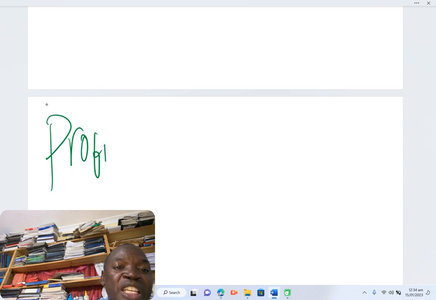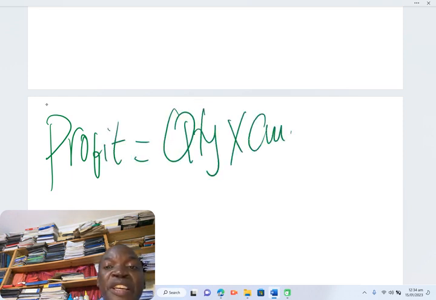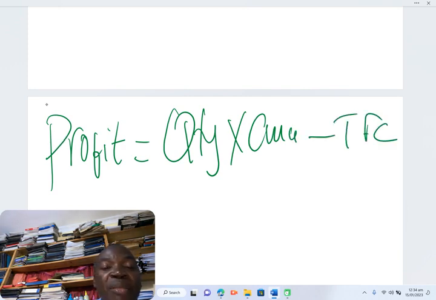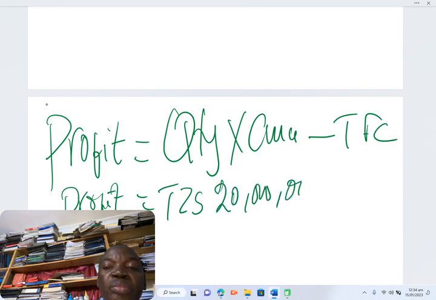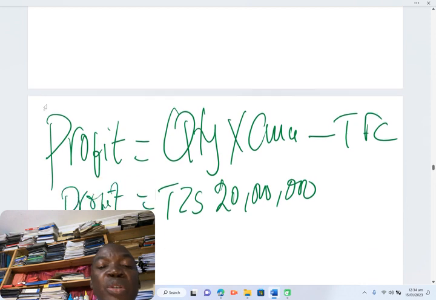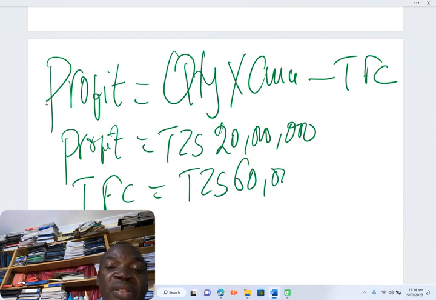So profit from unit basis: profit is equal to quantity times CMU minus total fixed cost. But profit is given, TZS 20 million. Total fixed cost is given, TZS 60 million.